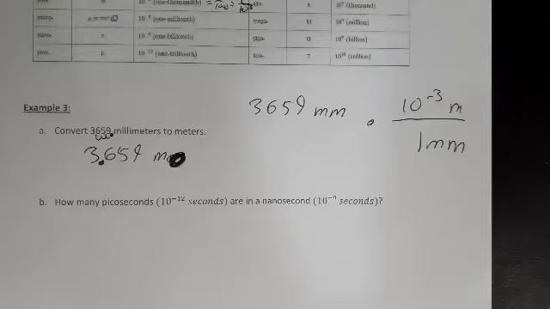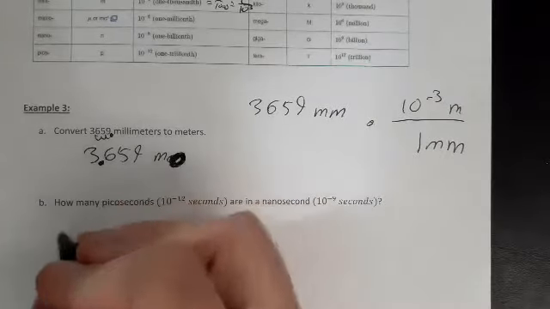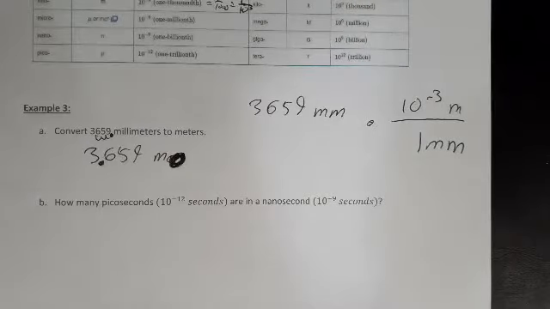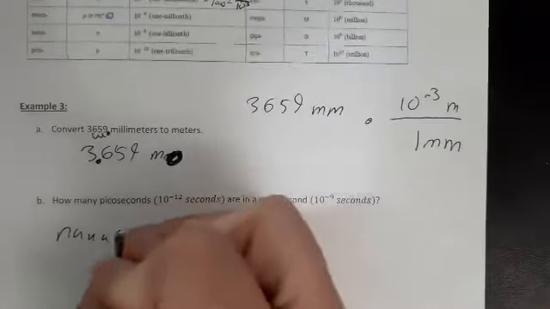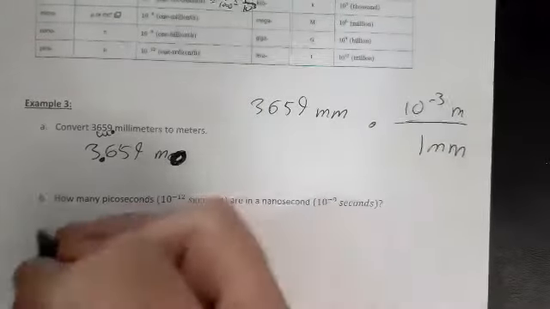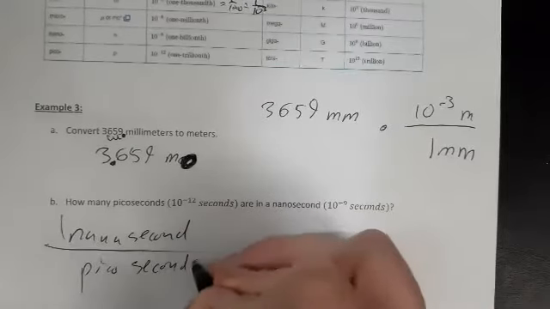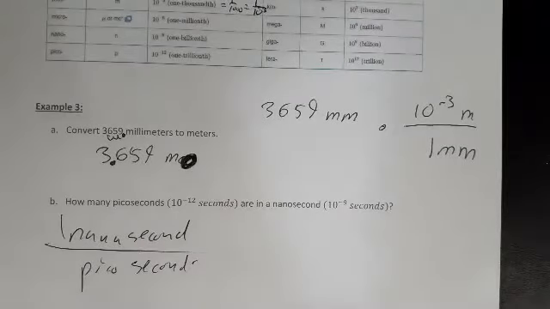Okay, so what are we doing? We are dividing nanoseconds into picoseconds. If you think about nanoseconds being divided into picoseconds, there's probably a few ways you could do this.